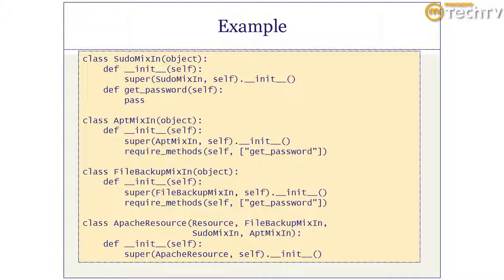Rather than subclassing from the sudo mixin, they just declare they need this get password method. If you try to instantiate the class without including it in your inheritance, these will give you an error. Then in my Apache resource, I can mix these arbitrarily, and I don't care what the order is, and everything will work fine.